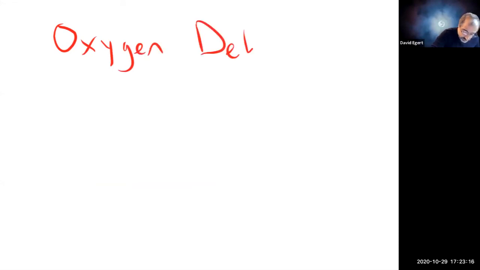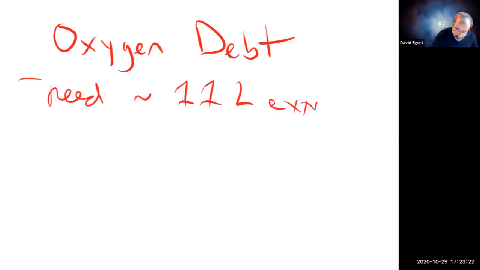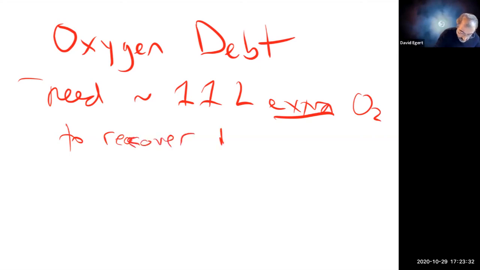So here's the idea of oxygen debt. You need around 11 liters of extra oxygen to recover from using those anaerobic pathways.